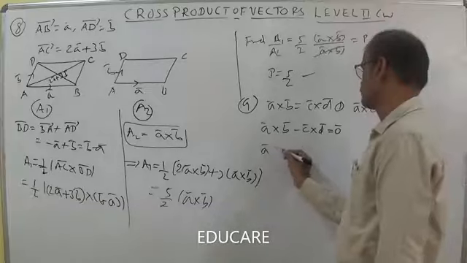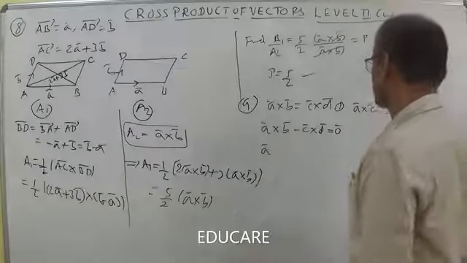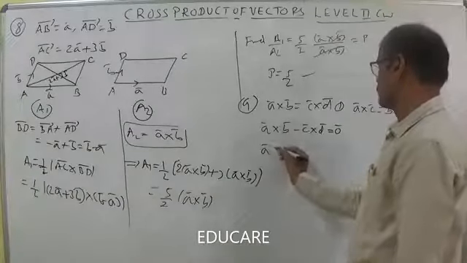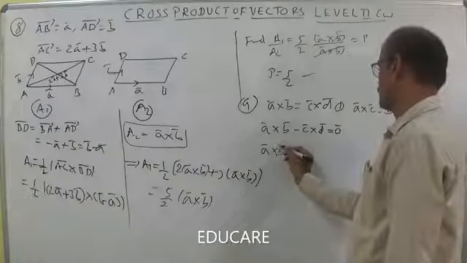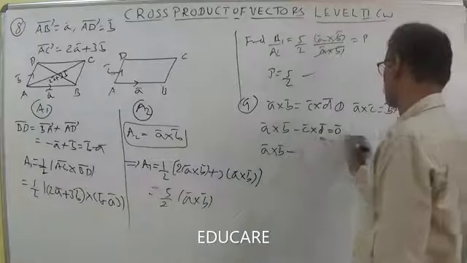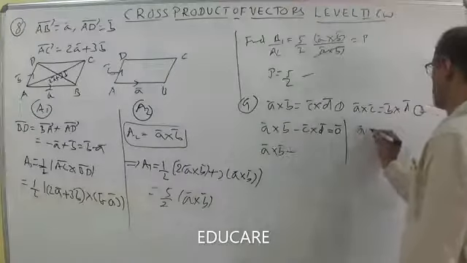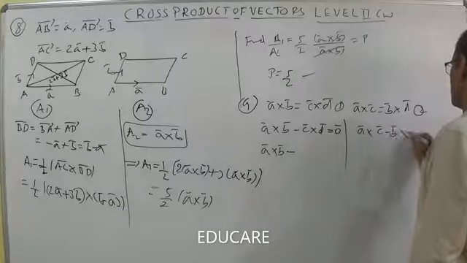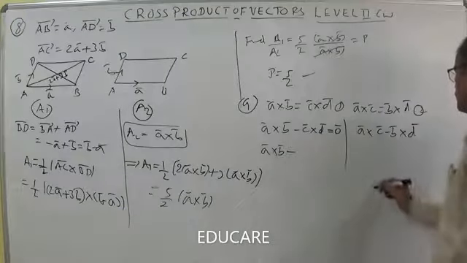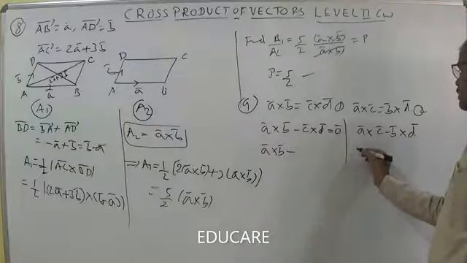A bar cross D bar. We can do one thing: A bar cross B bar minus C bar cross D bar, and let us write here also the data, A bar cross C bar minus B bar cross D bar.